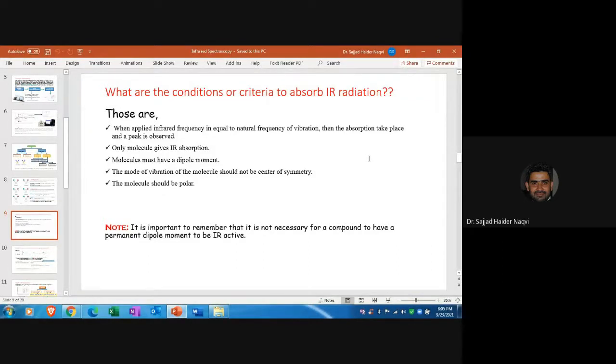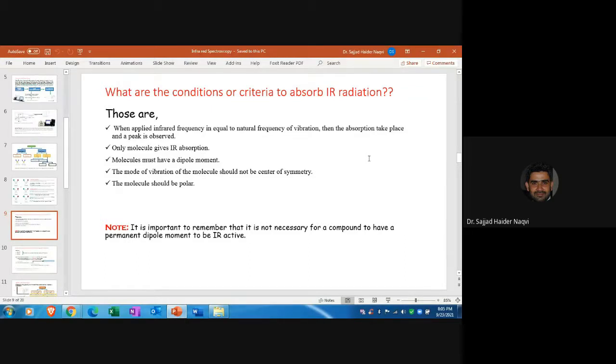The molecules must have a dipole moment, as I mentioned earlier, because as a result of the IR absorption, the dipole moment is changed. So the molecule which we are interested in determining through IR must have a dipole moment. So non-polar molecules cannot be determined by using this technique.